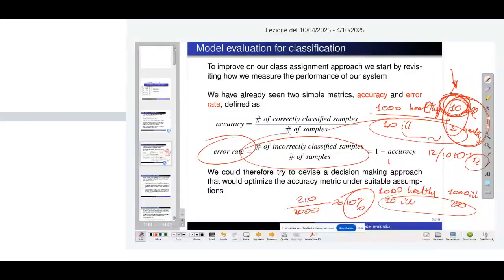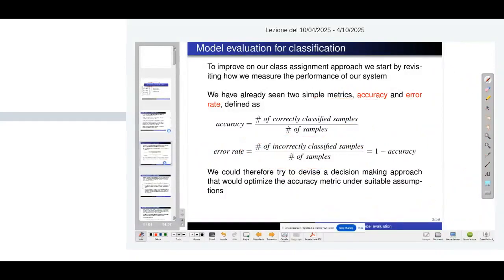But we've already discussed during training that typically the priors of our evaluation set do not represent our target application. Why? Because in reality, I may have very unbalanced scenarios where most of the people are healthy and few are ill.